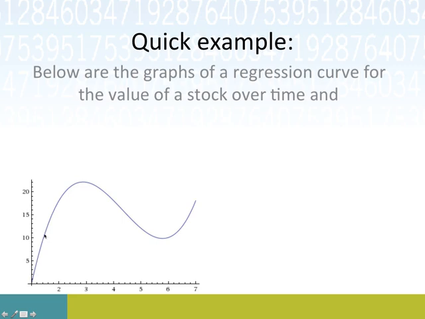Now, if you're thinking perfectly accurately, these values might flatten out when the stock market's not in session, but we'll just remember that this is a regression curve over time. The main thing to think about is that at any given point, there is a stock value. So there are no gaps horizontally between these things.